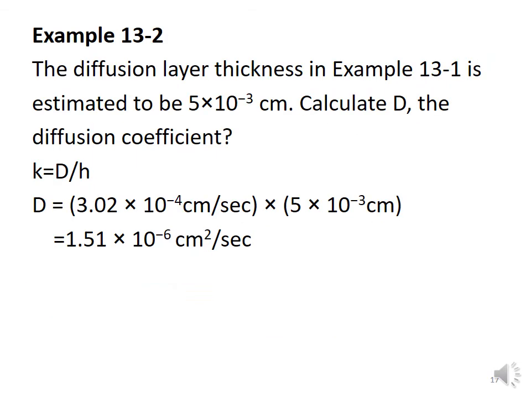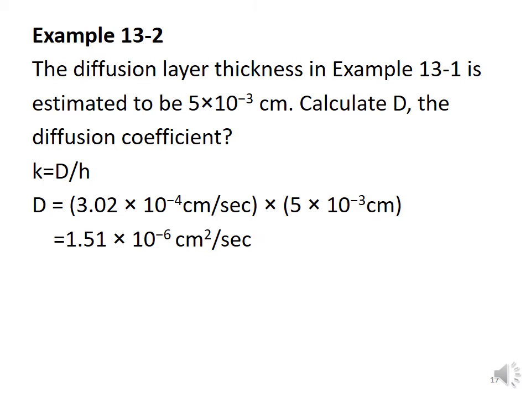The diffusion layer thickness in the previous example is estimated to be 5 × 10^-3 centimeters. Calculate the diffusion coefficient D. Usually the thickness of the aqueous diffusion layer is either estimated or determined by conducting an experiment using a rotating disc instead of a stationary one, where the tablet is allowed to rotate at different speeds.